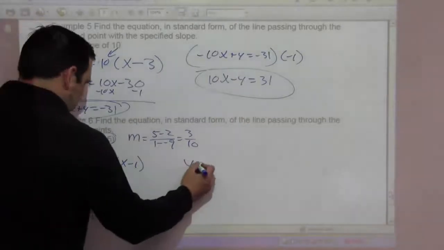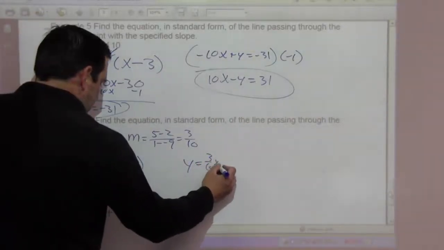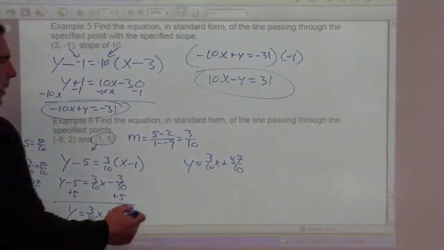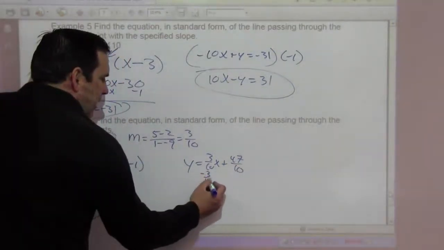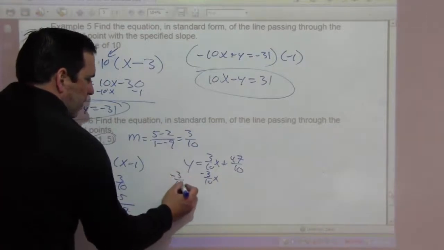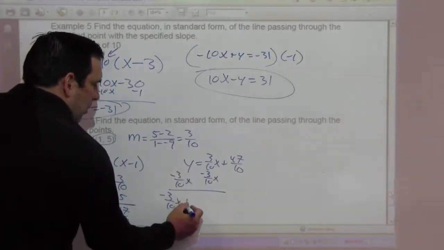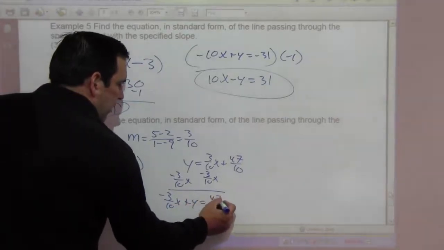So y equals 3/10 x plus 47/10 is slope-intercept form. If we subtract the 3/10 x from both sides, we'd have negative 3/10 x plus y equals 47/10.